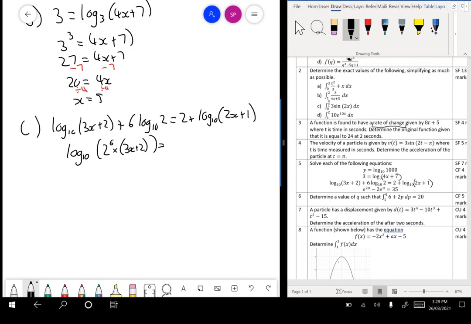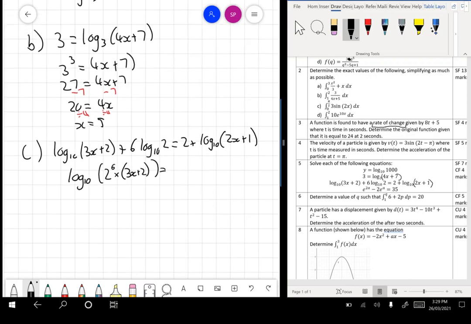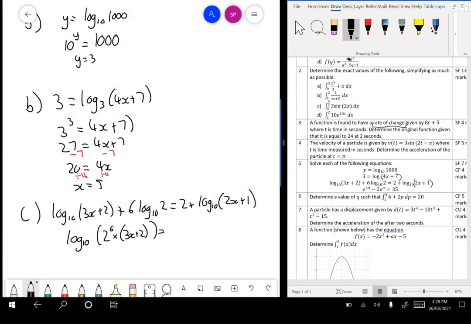Can you see this 2 here? You know how up in question 1, I said, okay, well, log base 10 of 1,000 has to be equal to 3. So log base 10 of what would be equal to 2? 10 to the second power equals 100.